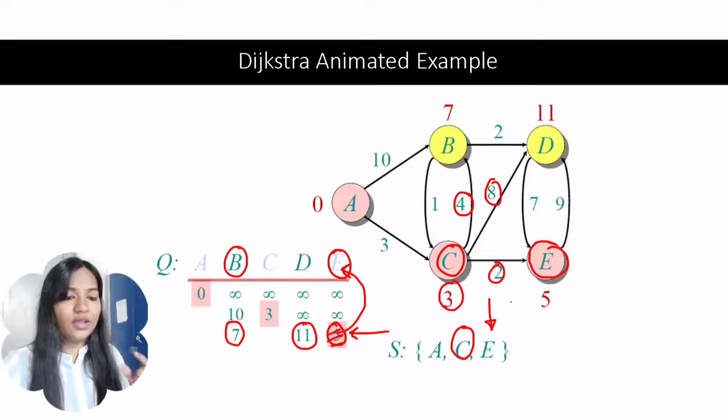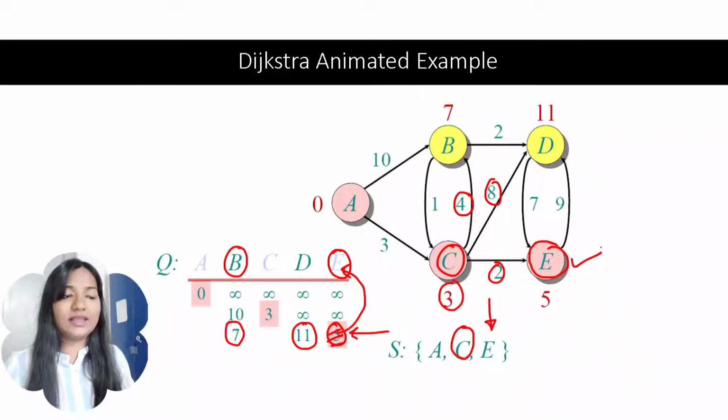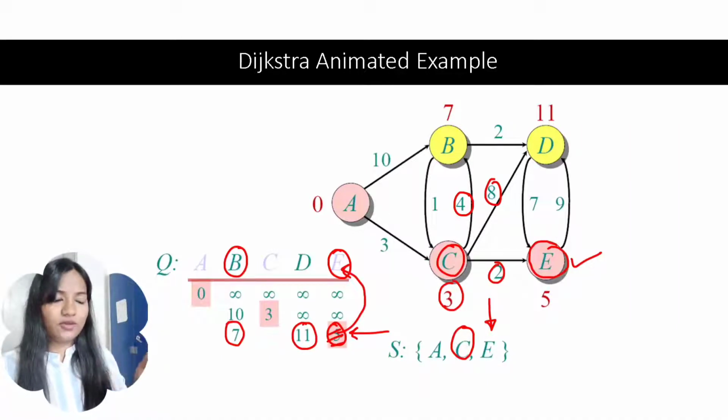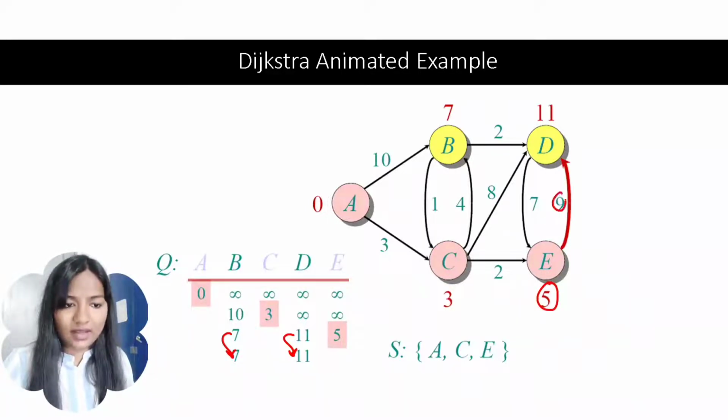Let's move forward. Now again from this visited vertex, I will be selecting the directly connected vertex. That's D in this case. So the value of B will be copied from the above row. That's going to be 7. But why is D again 11? The value of E from A is 5, and 5 plus 9 gives me 14.